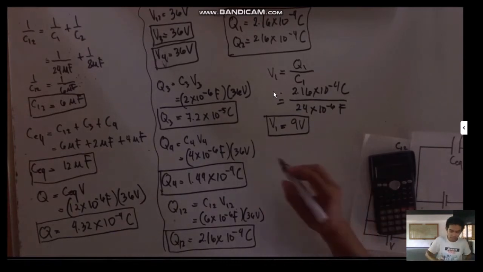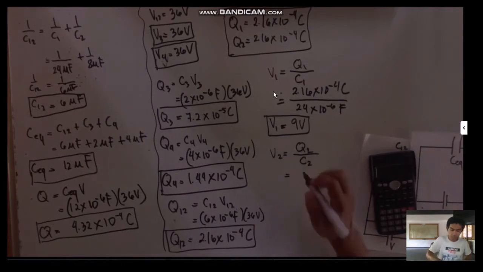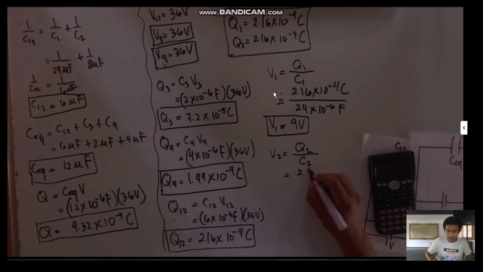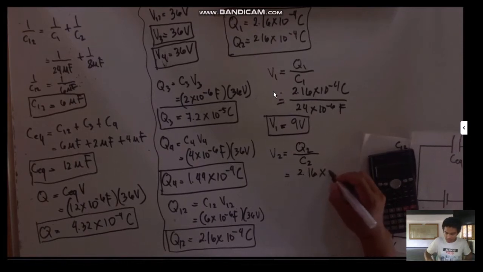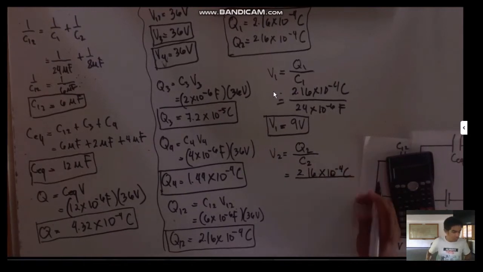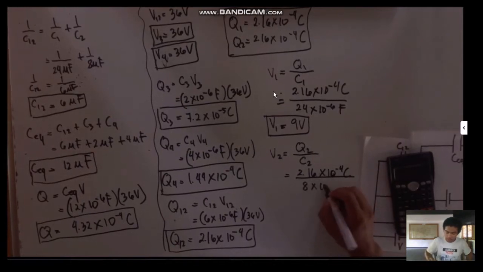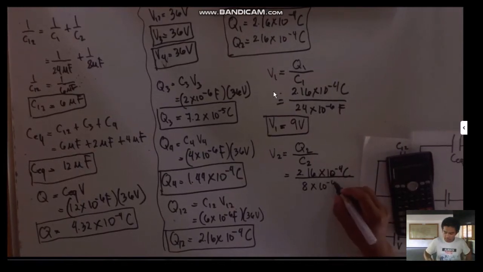How about V2? V2 is Q2 over C2. Q2 is 2.16 times 10 to the power of negative 4 coulomb over C2, which is 8 microfarad, or 8 times 10 to negative 6 farad.